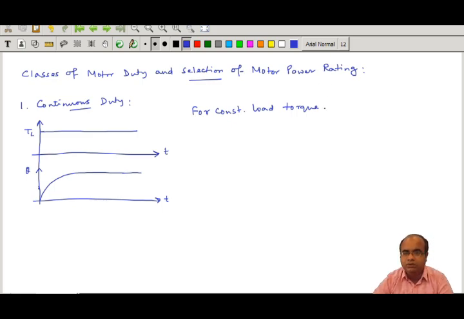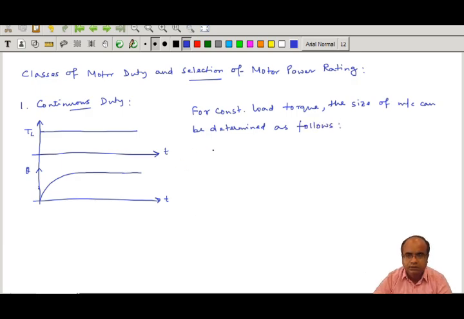For constant load torque, the size of the machine or the power rating can be determined as follows.